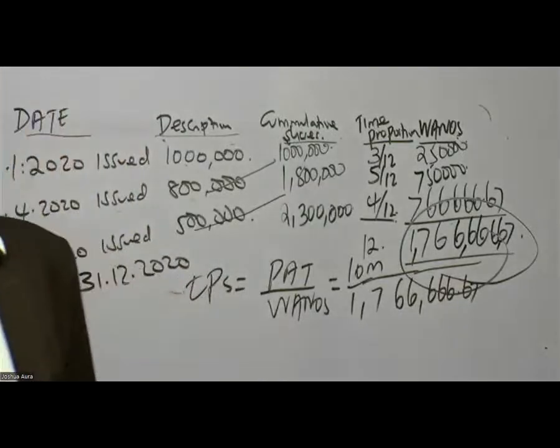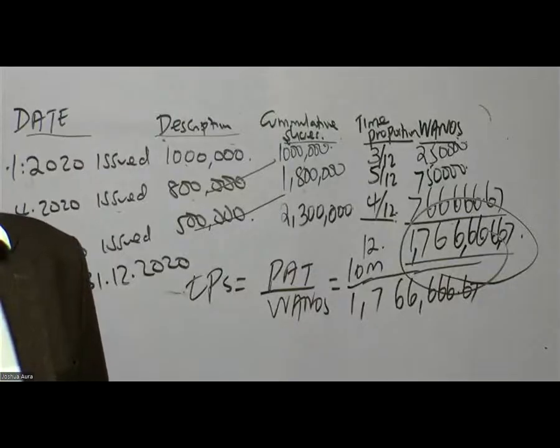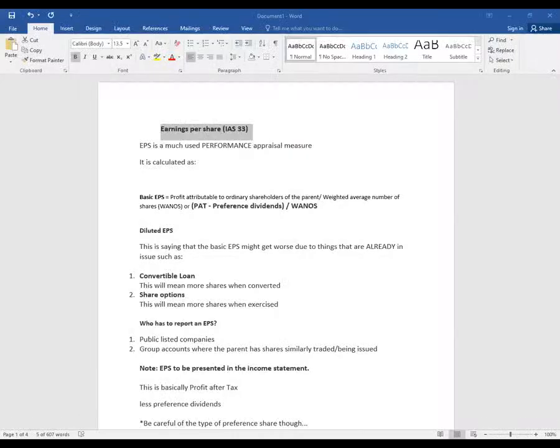Now, ladies and gentlemen, let's remind ourselves. What we've calculated so far is called the basic earnings per share. Profit attributable to ordinary shareholders of the parent divided by weighted average number of shares, what we call 1/0.